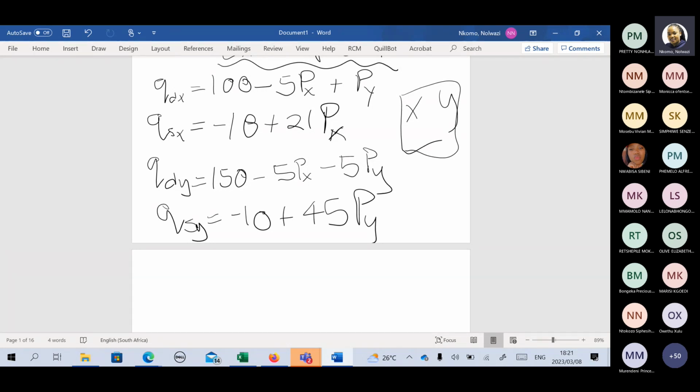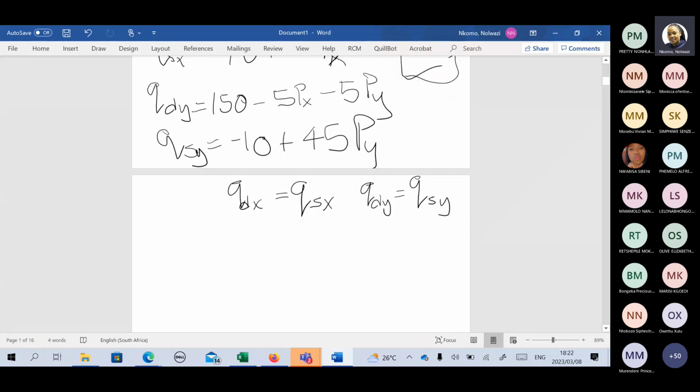And what we know about equilibrium is that the quantity demanded is equal to the quantity supplied, right? Again, for Y, because they are both at equilibrium, we'll have Qdy equals Qsy.